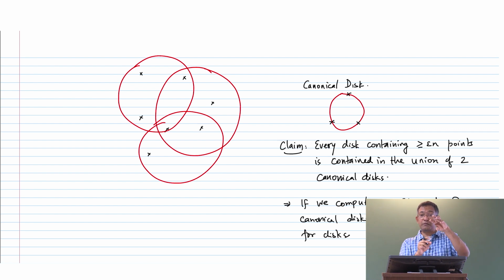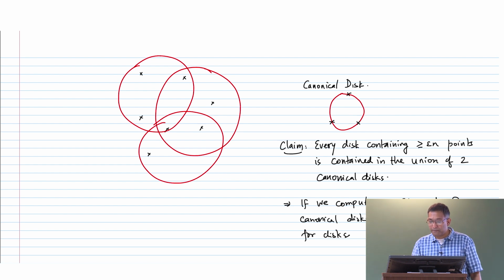The canonical disks are defined by 3 input points. So you can think about it. Basically, you start with a disk that does not contain points on the boundary. You can grow it until it hits a point, then you can move it till it hits a second point, and now you can construct a canonical disk by moving perpendicular to this line segment, and perpendicular in the other direction, and take 2 canonical disks that contain 3 points on the boundary, and every such disk is contained in the union of 2. I am hand waving here, and this we will do in the tutorial.